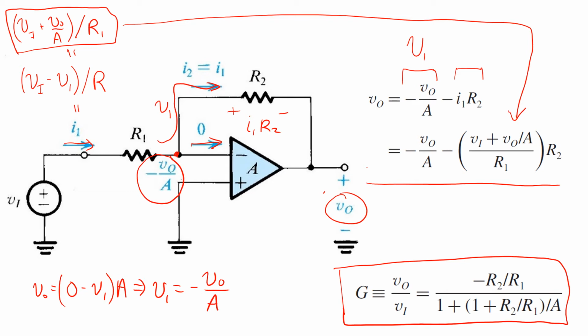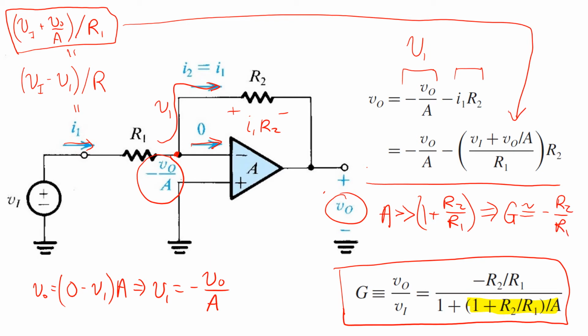But you'll see that as long as the op-amp gain A is much larger than the quantity 1 plus R2 over R1, then this term here in the denominator is very closely approximated by 0, and the whole denominator starts looking like unity, and we end up with a closed loop gain that's very close to our ideal value of negative R2 over R1.